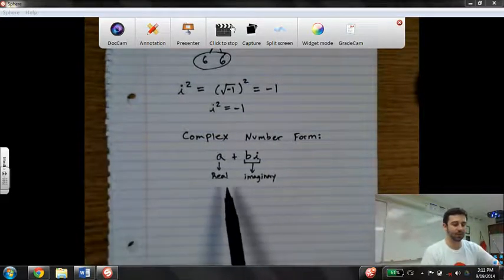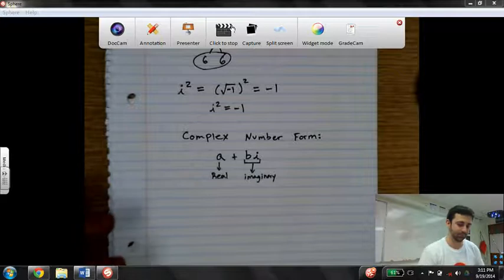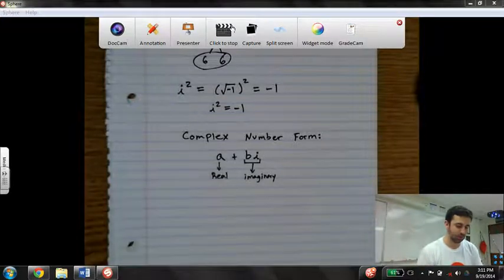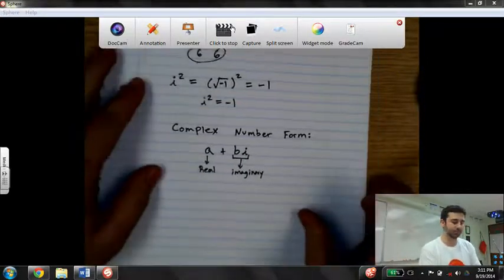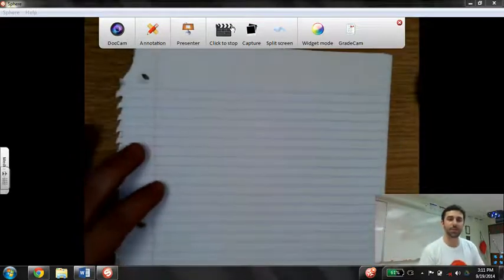And so a complex number has a real and imaginary part, and so it's not simple but complex. Bad math pun. So with these complex numbers, we can perform different operations.